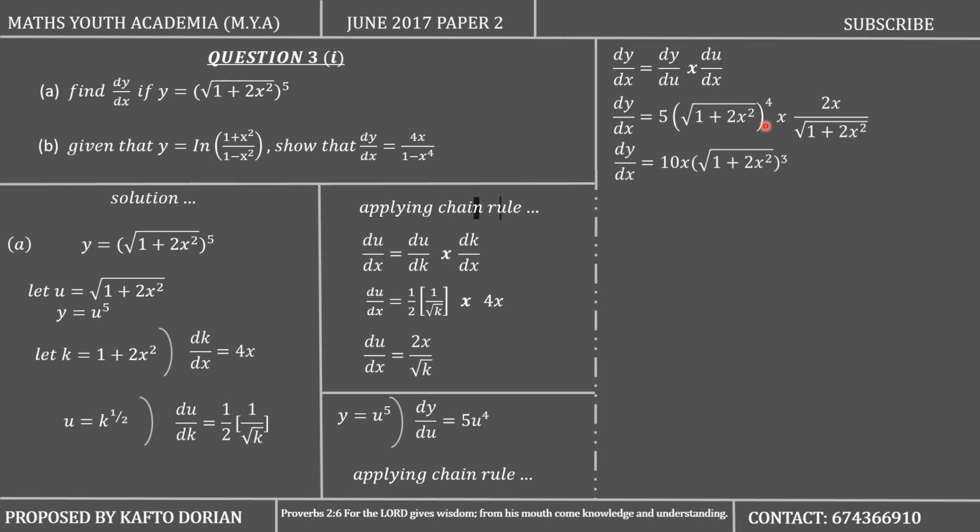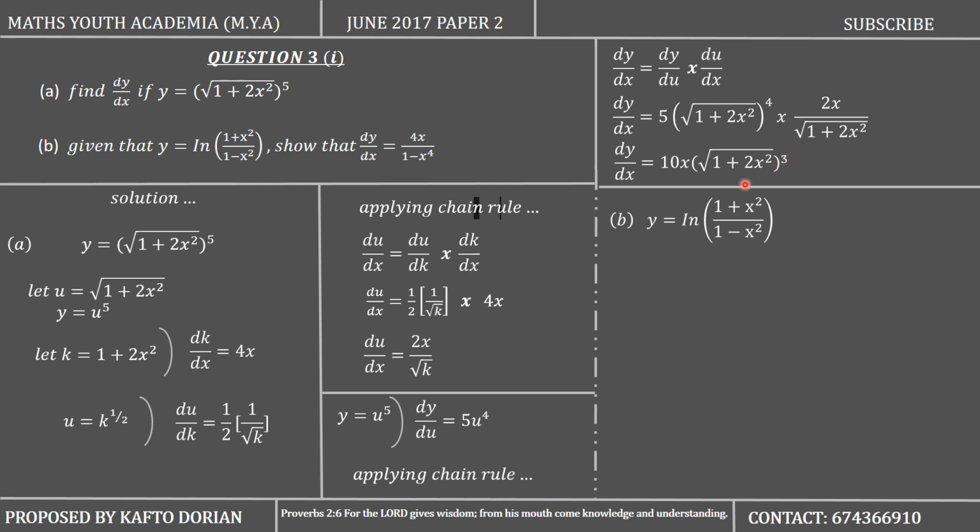In which now we have 5 times 2x, which is 10x, and now we cancel both of them. We now remain with the cube part. Since we reduce the power here, we remain with cube, or we simply use the application of indices. We just subtract the powers. This is all about our first part.